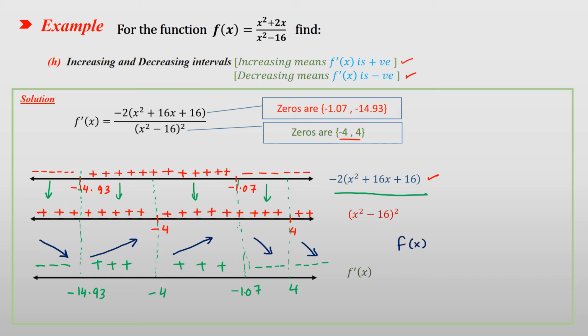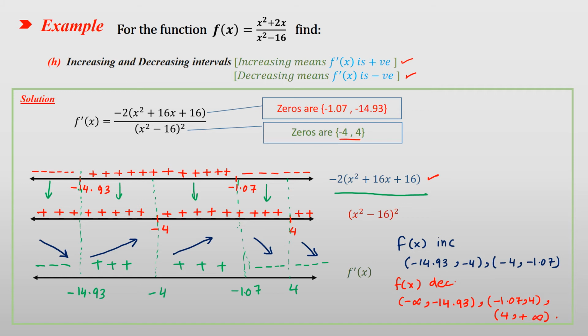So f of x is increasing on the intervals from negative 14.93 up to negative 4, and from negative 4 up to negative 1.07, and the function f of x is decreasing in 3 intervals, and these intervals are from negative infinity to negative 14.93. The second one we have negative 1.07 up to 4, and the third one is from 4 up to infinity.